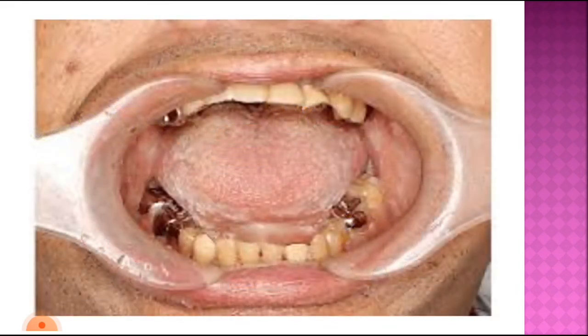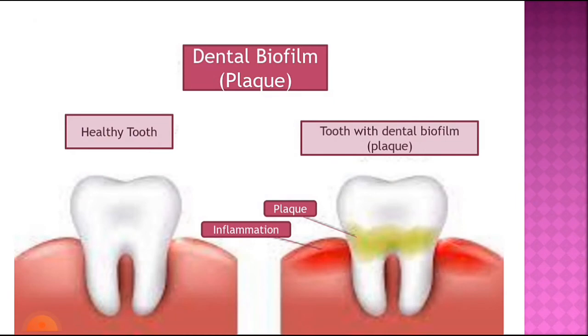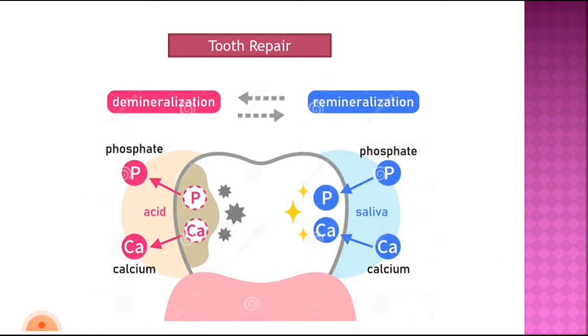This removes minerals from the teeth like calcium and phosphates and makes them susceptible to decay, thereby forming plaque. Saliva contains minerals that are used to repair tooth decay. The buffering agents present in the saliva neutralize acids and prevent further tooth decay.